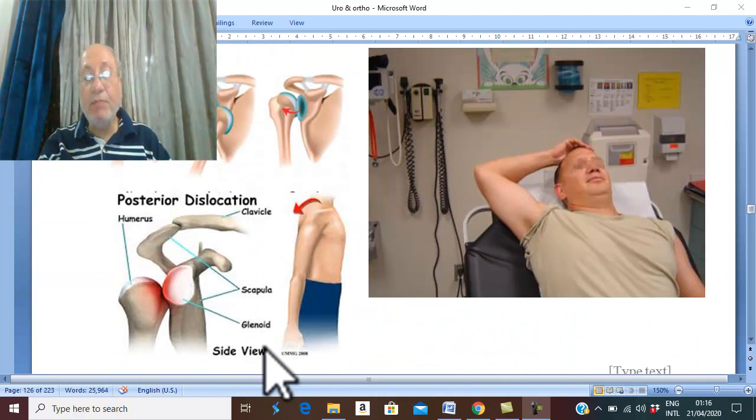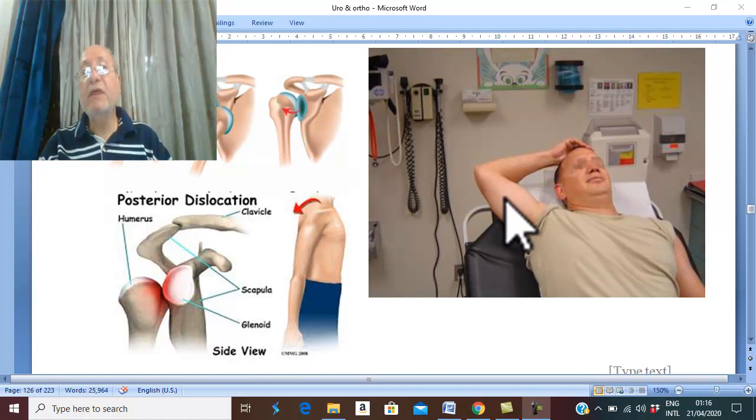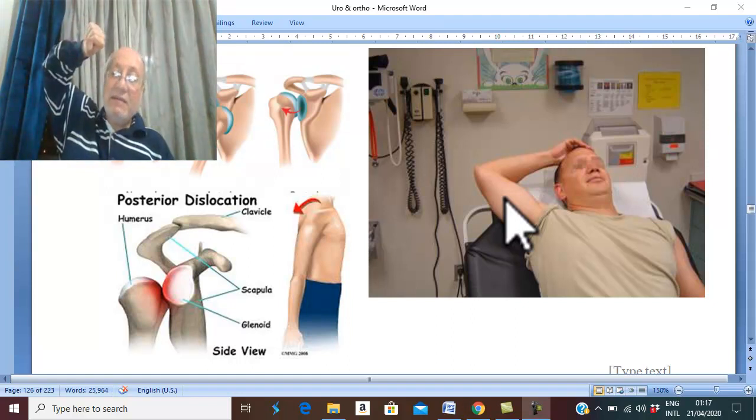Because the arm is fully abducted, this is a case of inferior dislocation with fully abducted shoulder joint. This is called luxatio erecta, because the arm is erected and abducted.